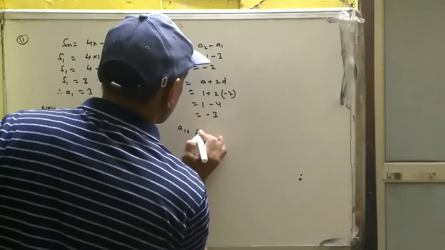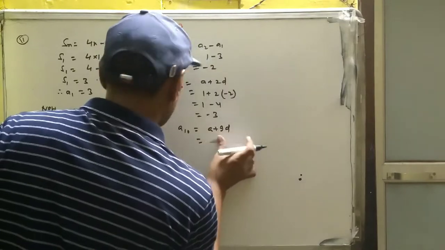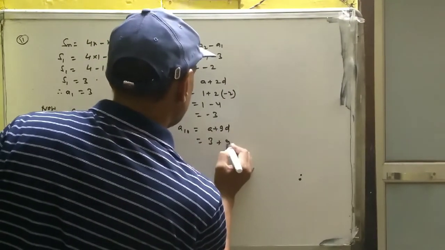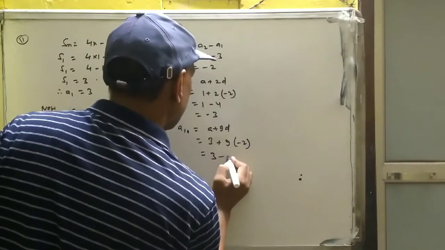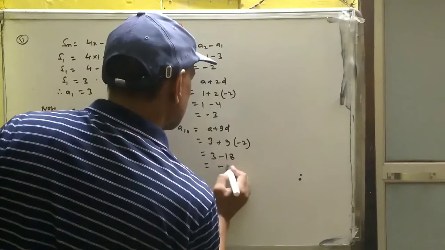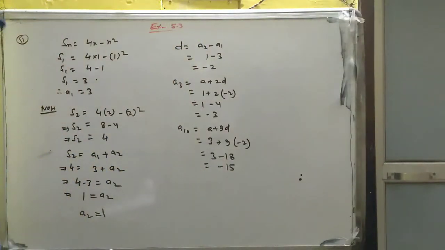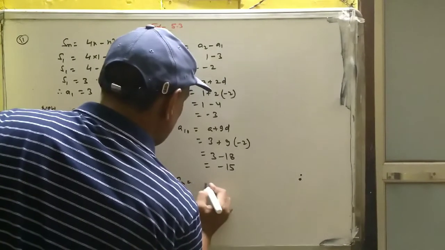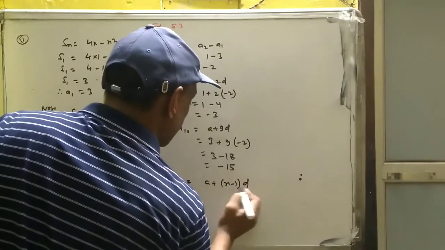10th term, a10 equal to a plus 9d. So the value of a is 3 and 9d is minus 18. So 3 minus 18, this is minus 15. This is a10. And nth term, an term. The formula is a plus n minus 1 into d.